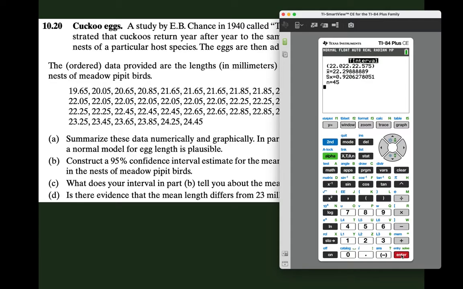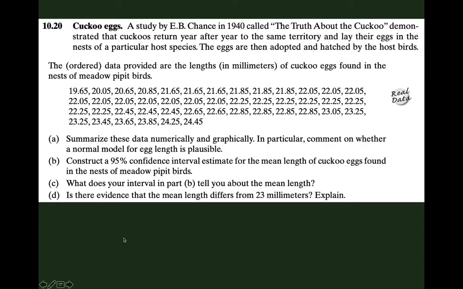So let's get back here to the interval. This is the interval that I would report and use if I were doing the analysis. So I would say the interval is about between 22.0 and 22.6 millimeters. Let me just write that down.